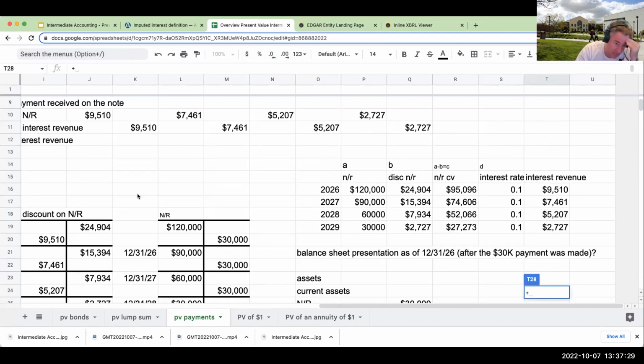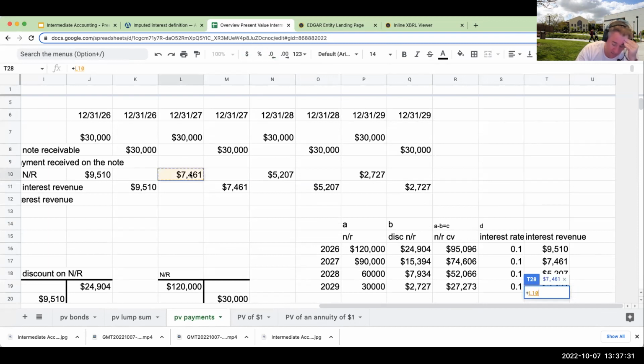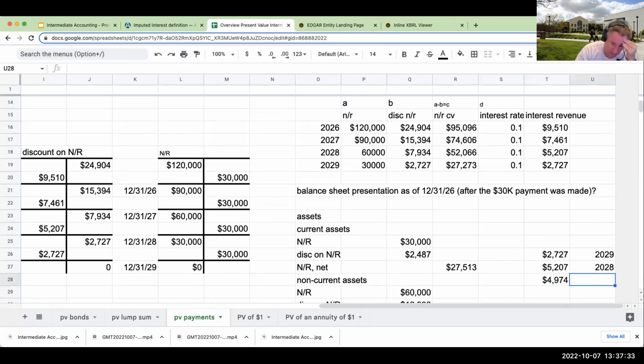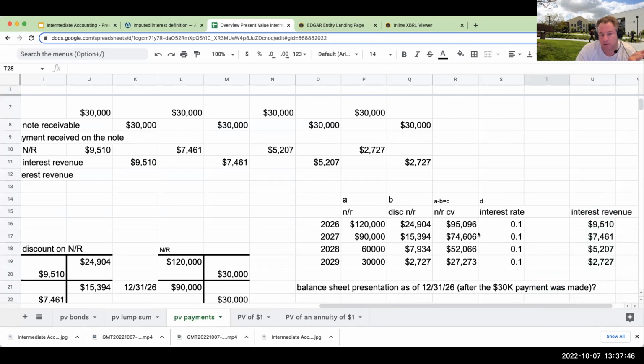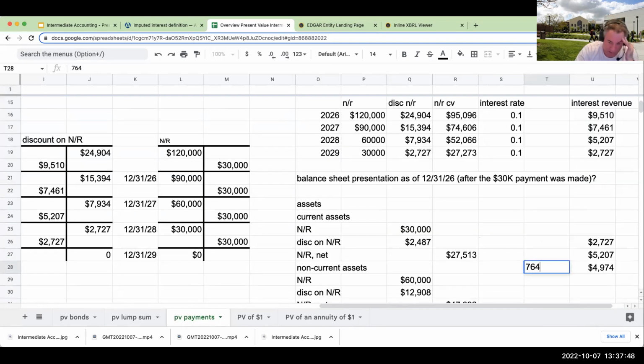And then you've got to take this amount here and multiply it by 2/3, which is the 2027 amortization that relates to the 60 grand. So this over here is going to be 7,461 times 2/3, the 2,487.